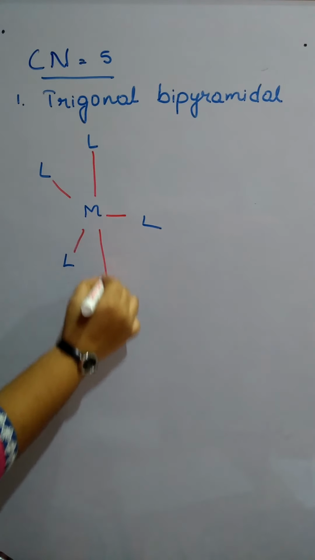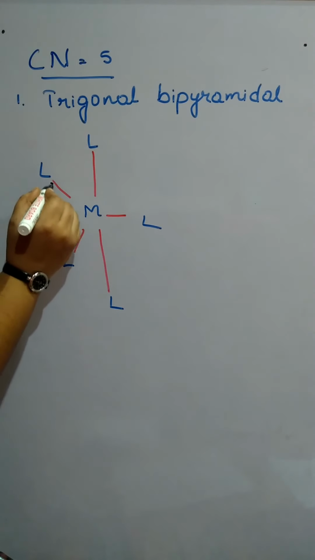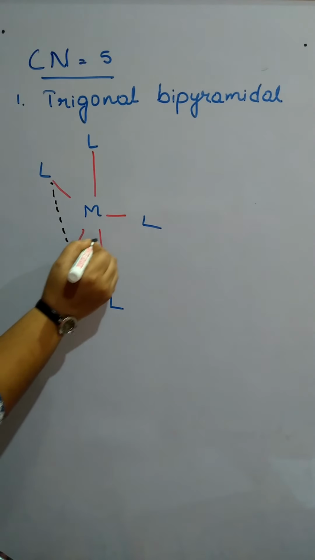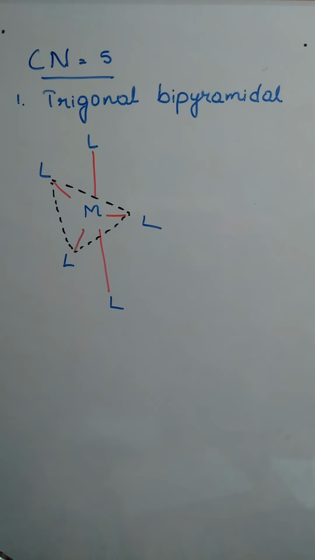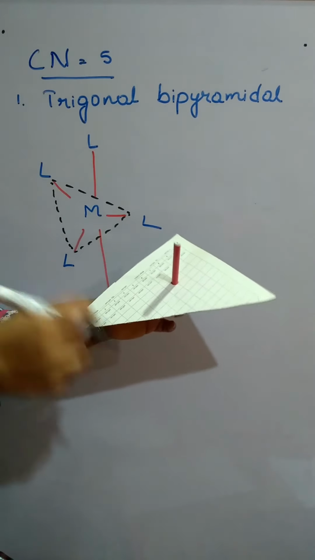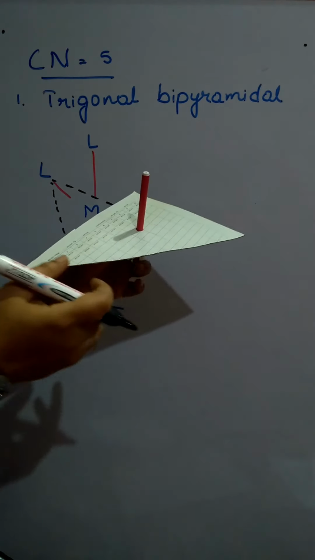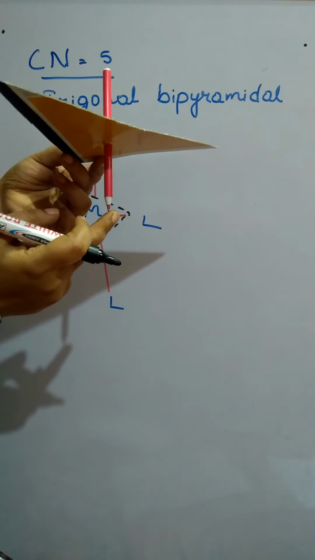If it is joined, this is the triangle, which we can make out in the plane. So trigonal bipyramidal: trigonal in a plane, bipyramidal, one ligand above and one ligand below.